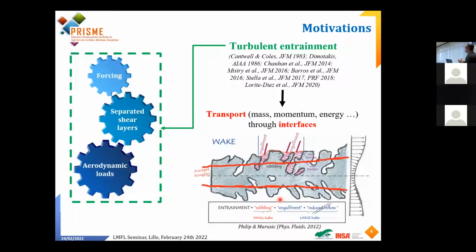Here I'm showing a very famous example of turbulent entrainment, applied to a wake. It comes from a study by Philip and Mazellier. You can see that the red part is the average interface of your wake, whereas the gray part represents the instantaneous interface, which is obviously much more complex than the red one.